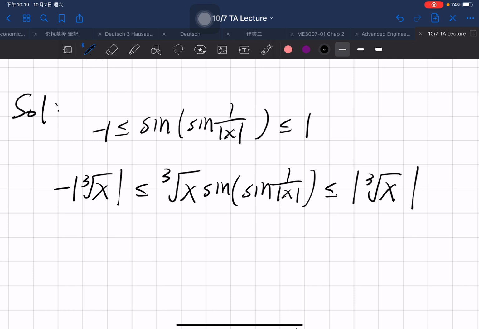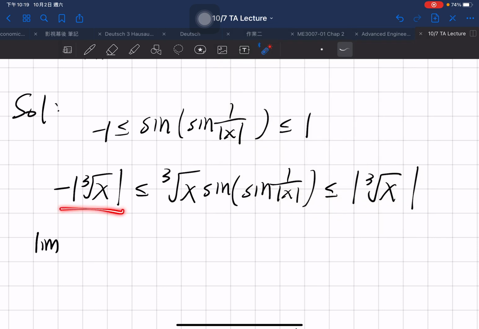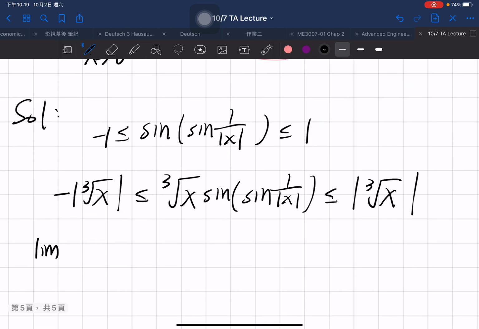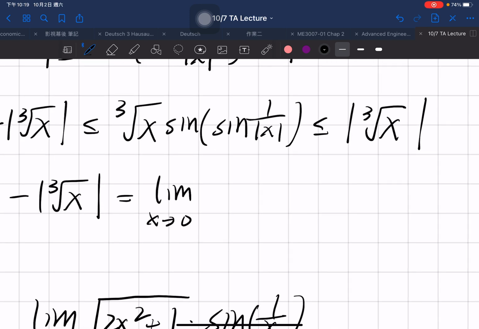Okay, so now our thing to do is to compute the limit of these two. First, the limit of minus absolute value of x to the 1 over 3 power. So this is relatively straightforward. These two will be the same. Both equal to 0.